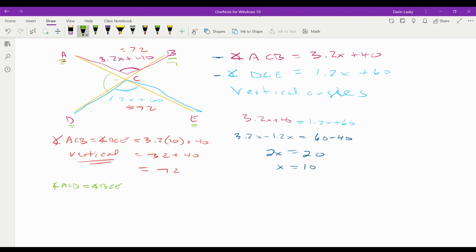Here's my angle here and my angle right there. And they are equal to 180 minus 72, which is going to be 108. Now, some people are going, well, how the heck did you get 180?